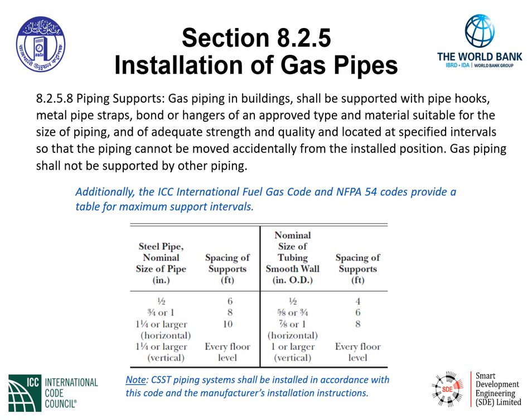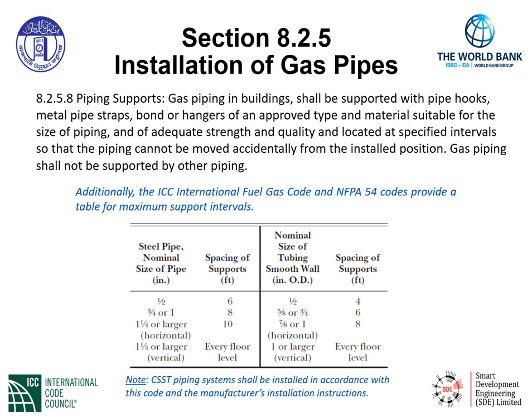Indicated below is some additional information. The International Code Council's International Fuel Gas Code and NFPA 54 provide a table for maximum support intervals. As seen here, the table is split into two halves, if you will.